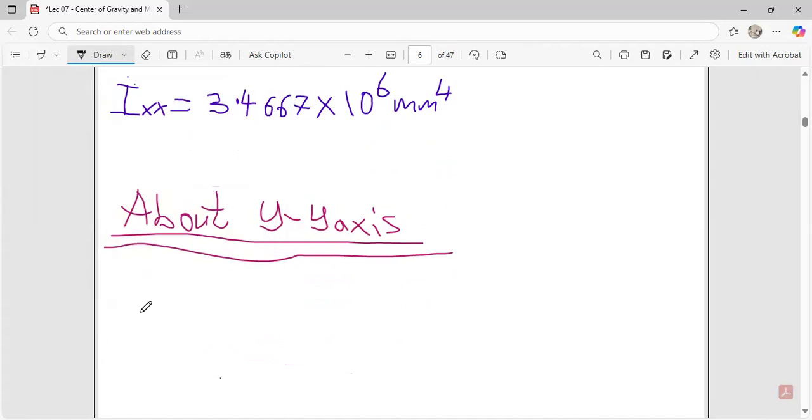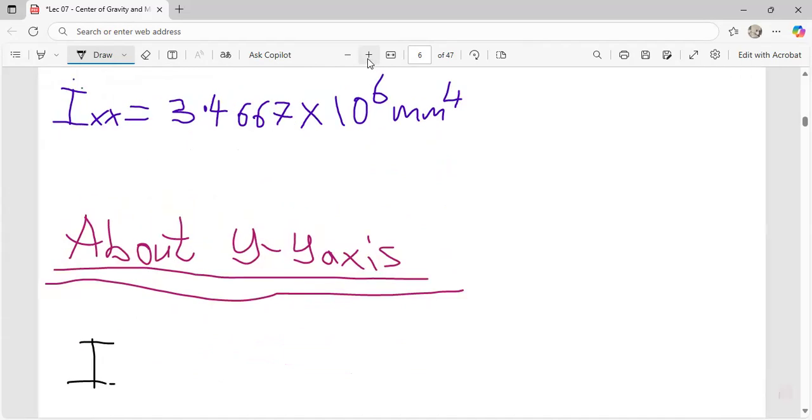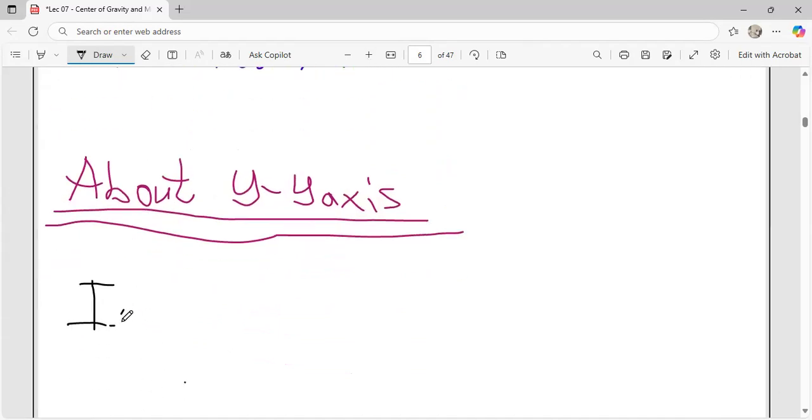So this is also expressed as what? Our moment of inertia of part y, which is equal to what?